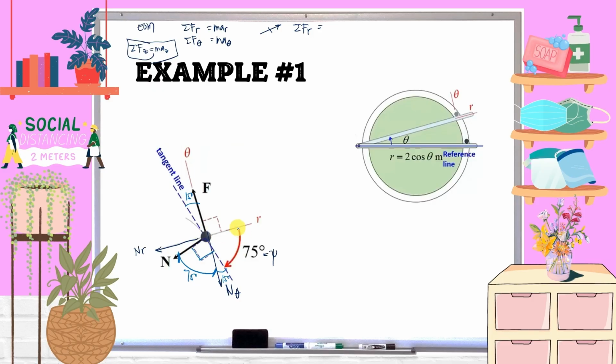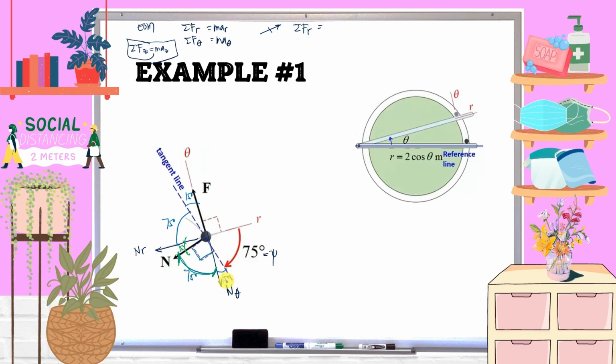And since this is the representation of r and the tangent, this is also 75 degrees. And since we have 90 degrees plus 75, the angle here is also 15 degrees. So what we will use is the angle 75 in this representation.